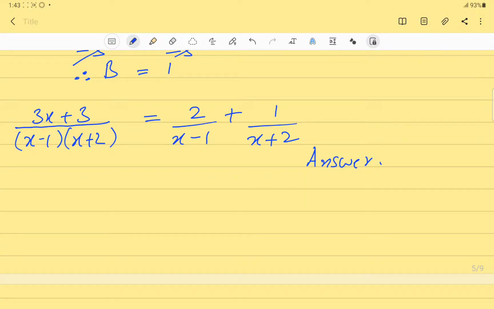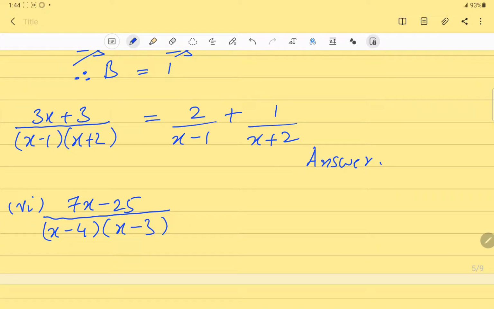Let's go to the next one, which is 7x minus 25 over x minus 4 into x minus 3. Again, this fraction is a proper fraction, therefore we can simply go ahead with making of the partial fractions.